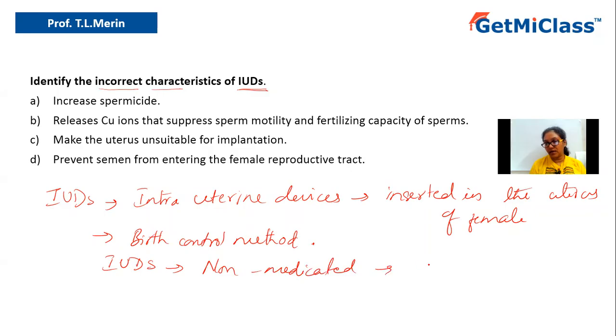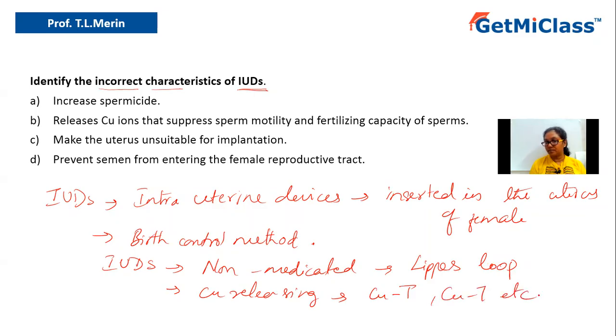Like for example, you have Lippes loop. It's a type of non-medicated loop which is inserted in the uterus of the female. We also have copper releasing IUDs, like Copper T, Copper 7, etc. You also have multiload type of copper releasing IUDs.